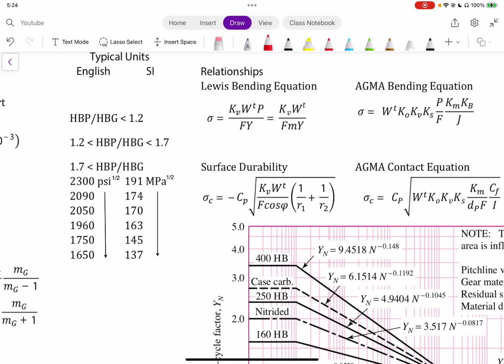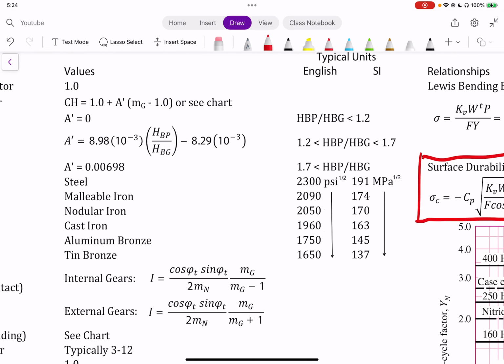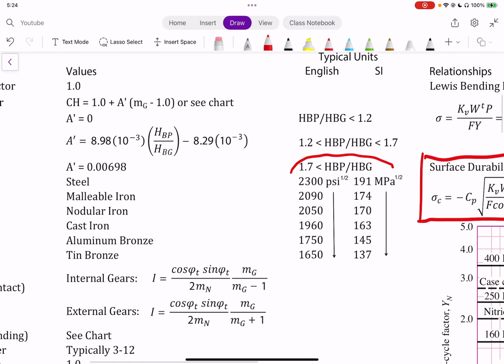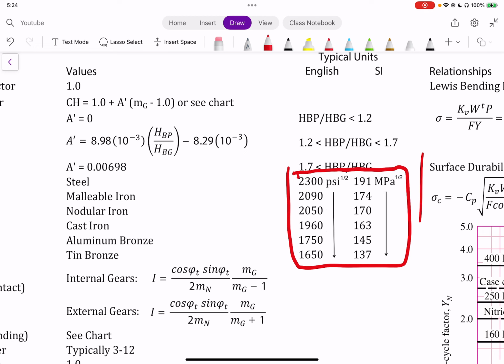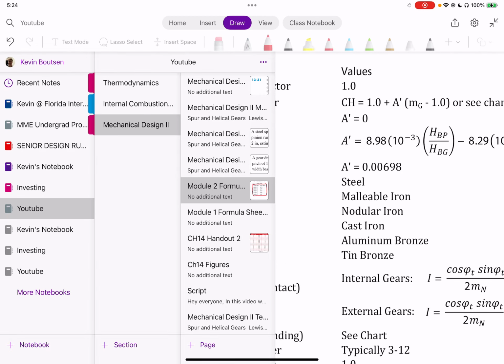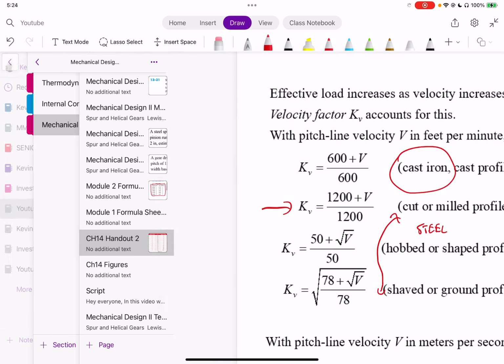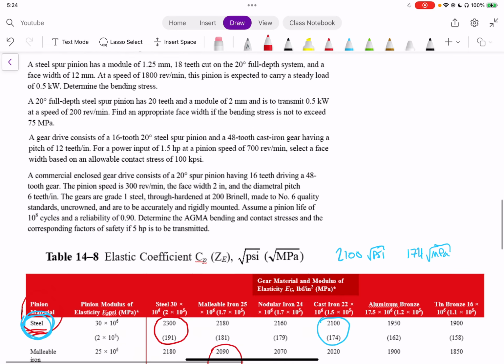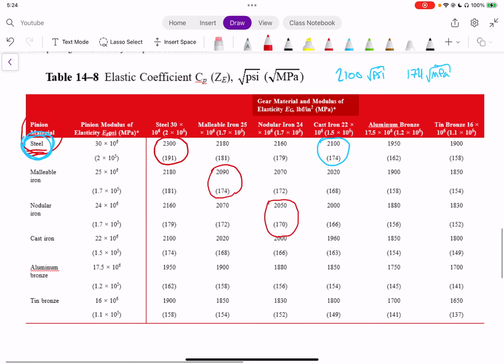So we have the equation for surface durability, and then in order to find CP, we can use this table right here. And again, if it's not possible to use that equation, then we would have to move on to the handout equation if we have two different materials and use table 14.8 as shown below, kind of like we did in this problem.